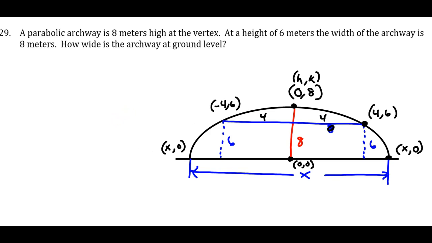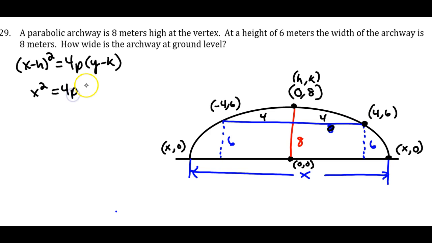So I know the standard form of a parabola here, if it's a vertical axis like we have, is (x minus h) squared equals 4p times (y minus k). And so I have my (h, k) here. It's at (0, 8). So this gives me x squared equals 4p times (y minus 8).